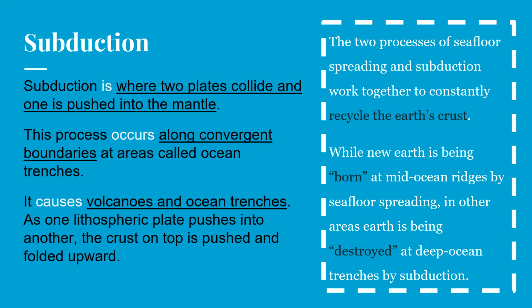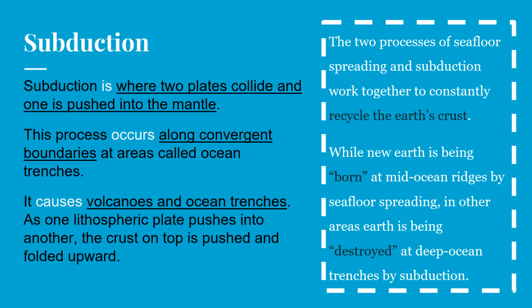This process happens at a convergent boundary, but it only happens at two of the types of convergent boundaries. It happens at oceanic to oceanic, and it happens at oceanic to continental. What it causes is volcanoes and ocean trenches, because one lithospheric plate is pushing the other one, and then the top one is going on top of the more dense.